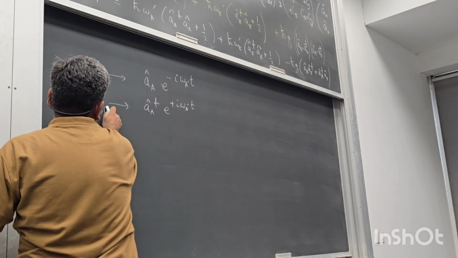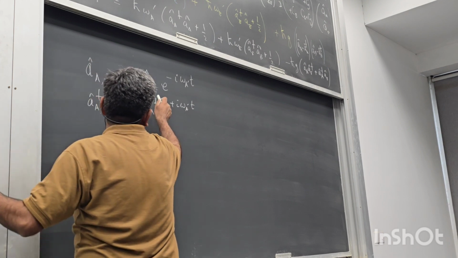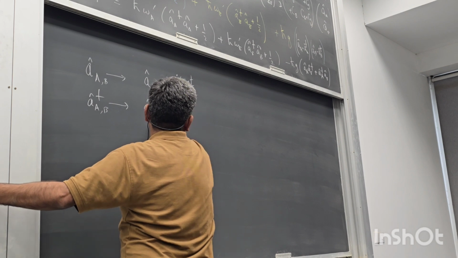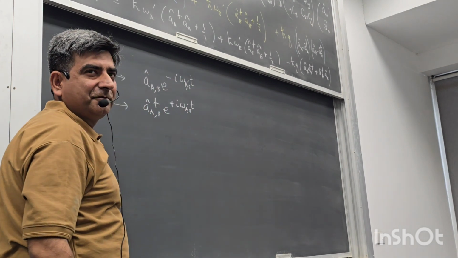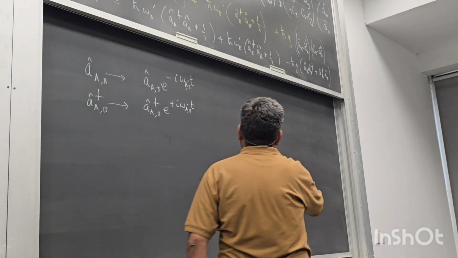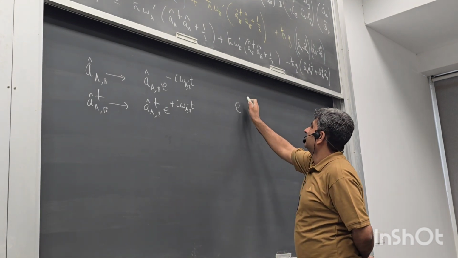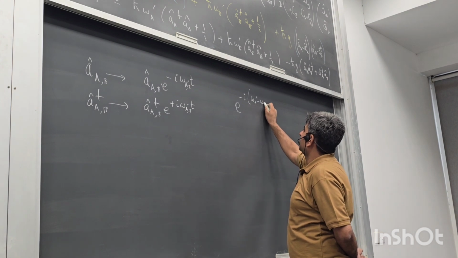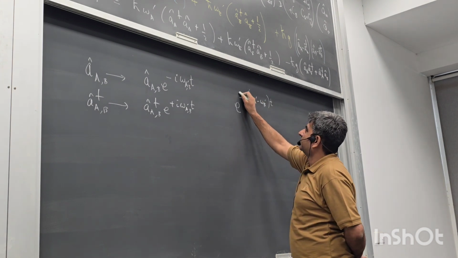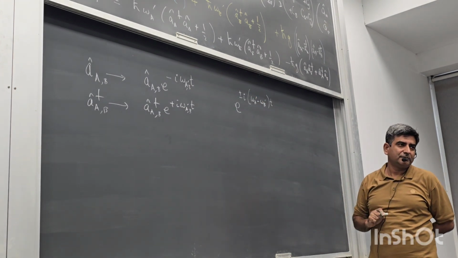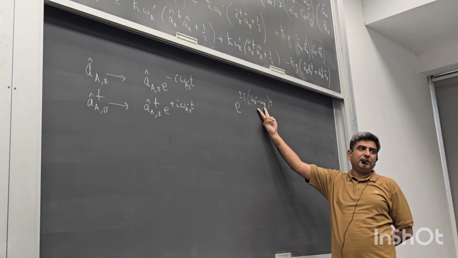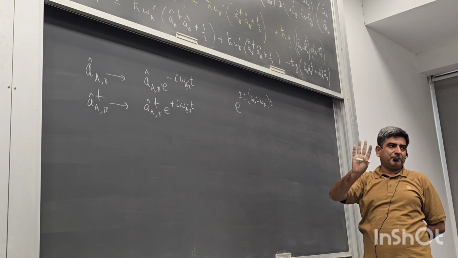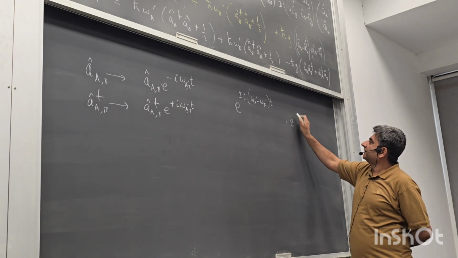And likewise for b. So now when I multiply the two together, I'll get terms of this kind: e to the minus i (omega A prime minus omega B prime) t, plus minus. So I keep these terms because now I have the difference in frequencies, and these are slowly varying terms, so I keep them. But I'll also get terms of this kind.